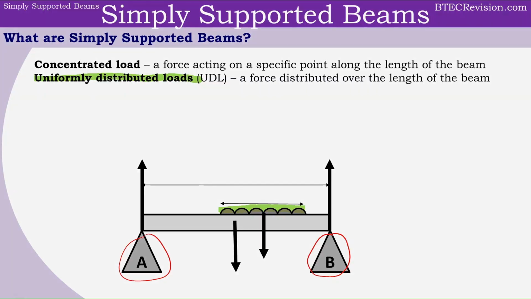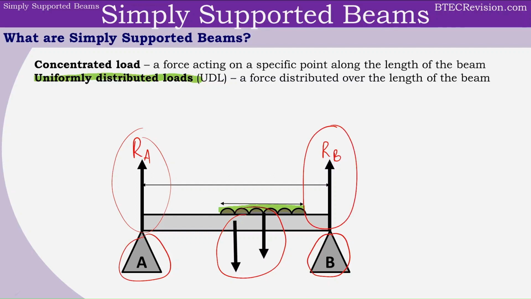Each of these supports are providing a reaction. So for A, we have a reaction force due to support A, and at B, we have a reaction force due to support B. And this is what is required in order for this bridge to be in equilibrium, because the forces going down must be equal to the forces going up.